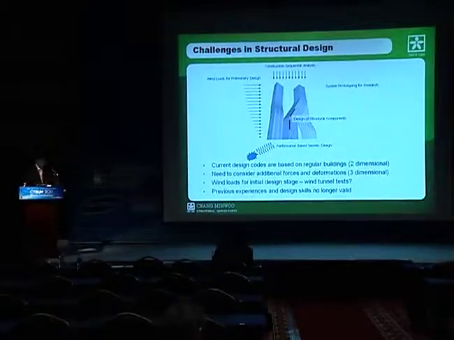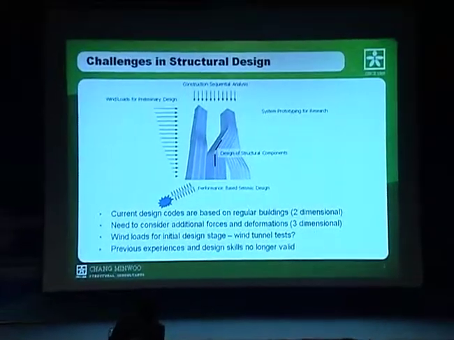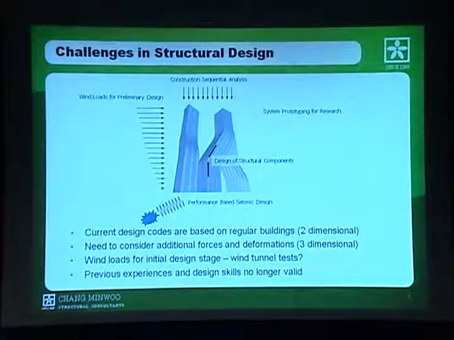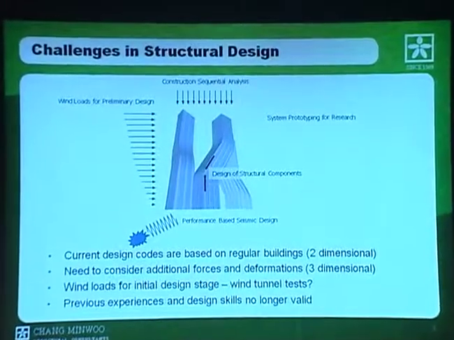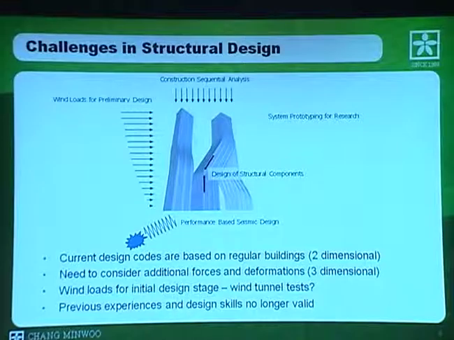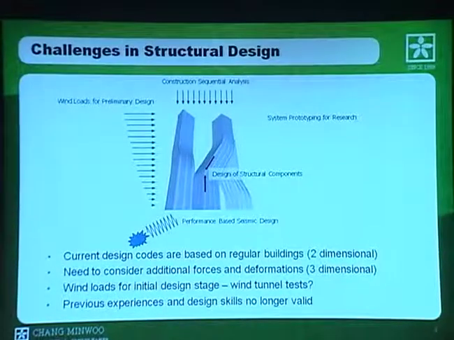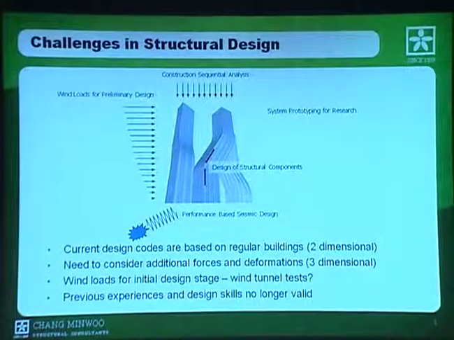And there are many issues for structural design of complex shaped tall buildings. Construction sequence analysis for gravity load will be essential at the preliminary design stage for complex shaped tall buildings. And a performance-based seismic design approach can be needed, because following the current seismic design code for structural irregularity may give us an uneconomical design result.